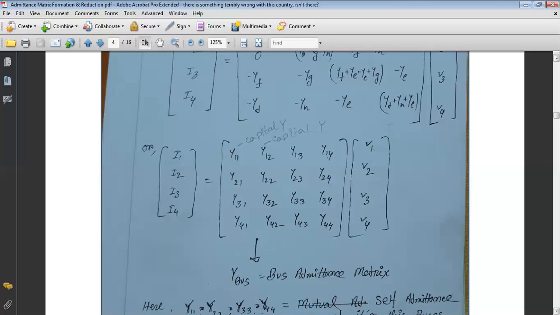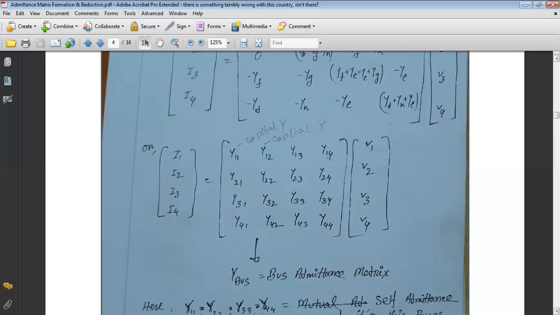So we have to formulate all the equations in a matrix form, and from this matrix calculate the bus admittance matrix. Whenever we can do this, our power flow solution becomes easier to achieve. So that's why the bus admittance matrix is so important in power system calculation.